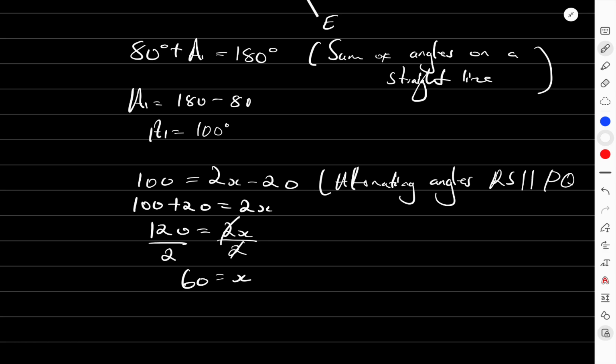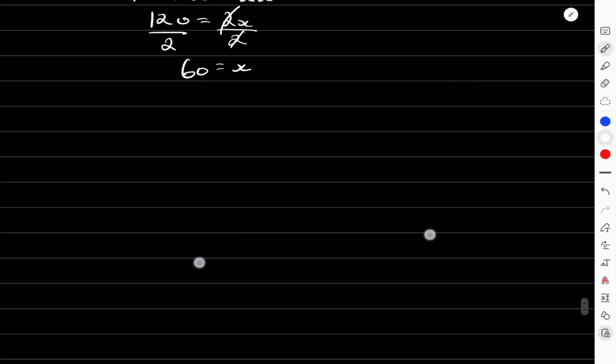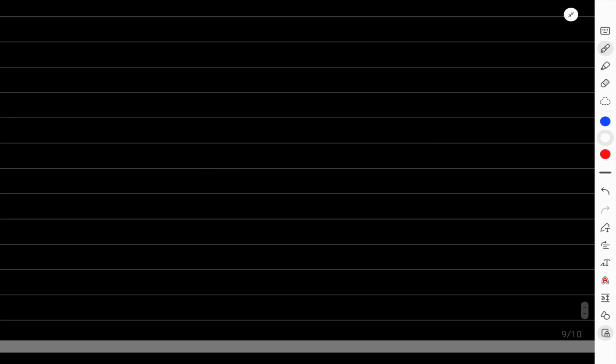Now let us go to the last shape, which is known as co-interior angles. Co-interior angles are angles that are found.